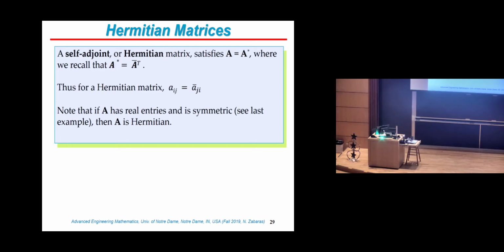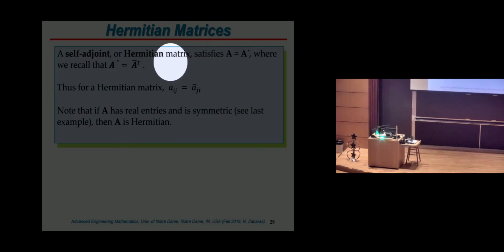But obviously, we have to generalize what symmetric means when we have complex matrices. And the generalization is very simple. Instead of symmetric, we call the matrix Hermitian. We denote the Hermitian of a matrix as A star, and the matrix is Hermitian when A is equal to A star. So this is similar to A equal A transpose.